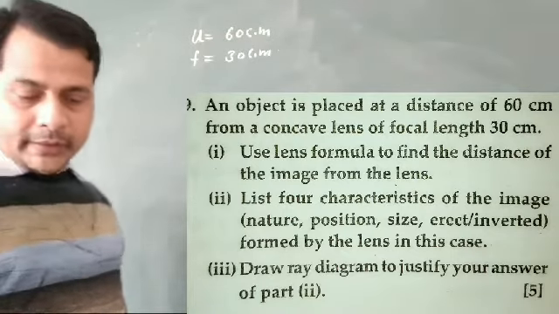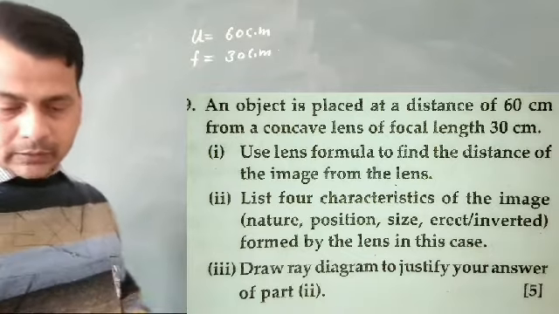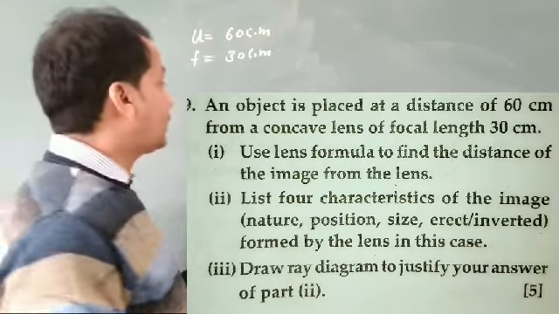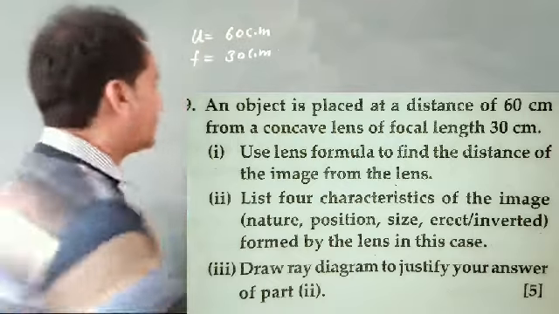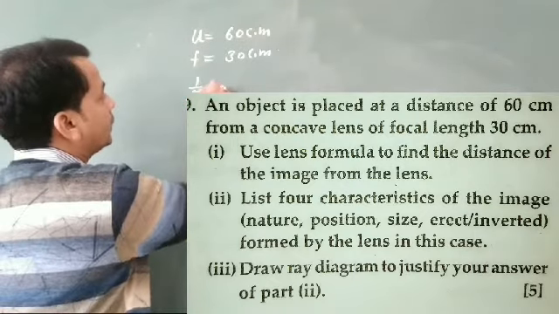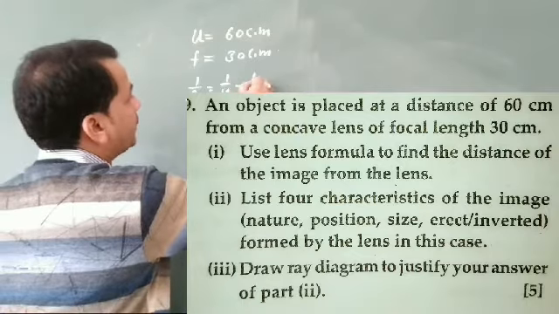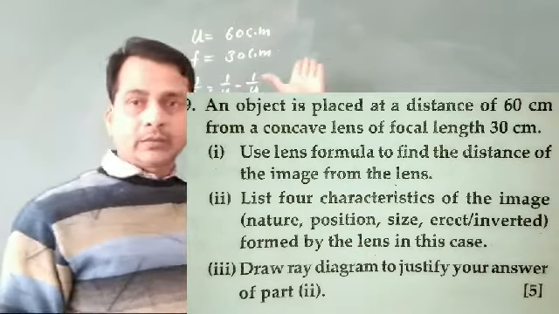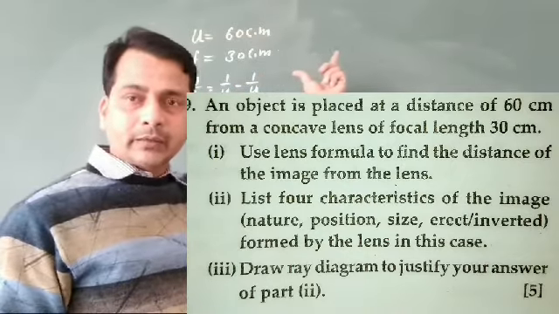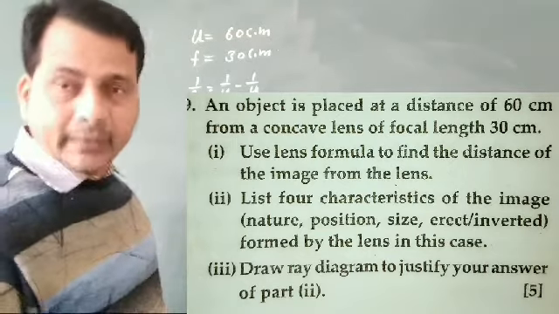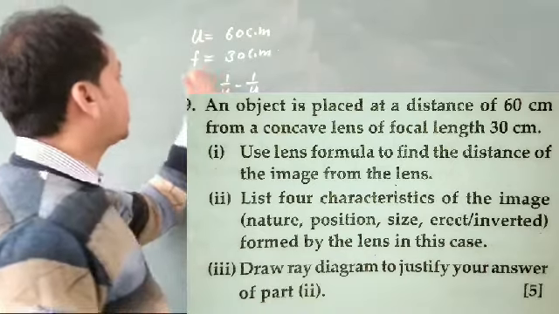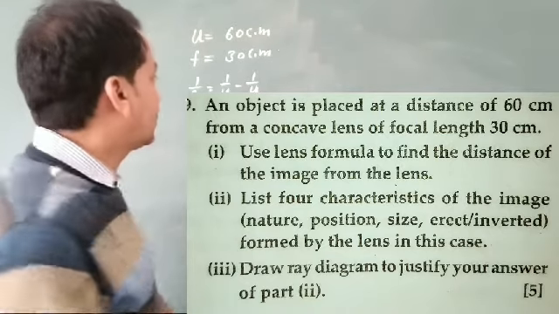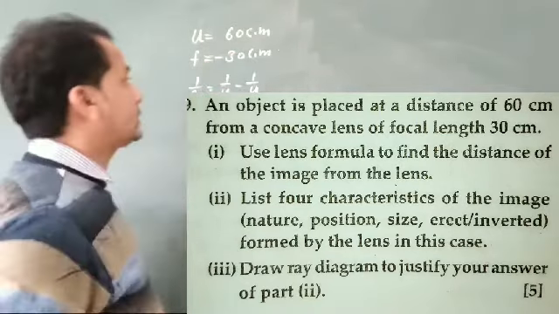The first question here: use the lens formula to find the distance of the image from the lens. Apply the lens formula. We know that the lens formula is 1 by f equal to 1 by v minus 1 by u. The lens is a concave lens, and the focal length of a concave lens is negative.